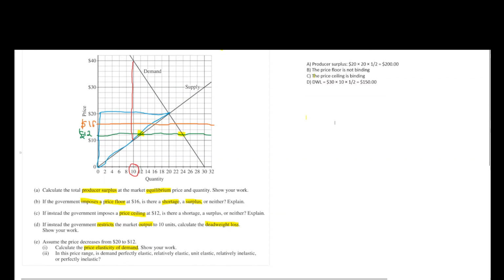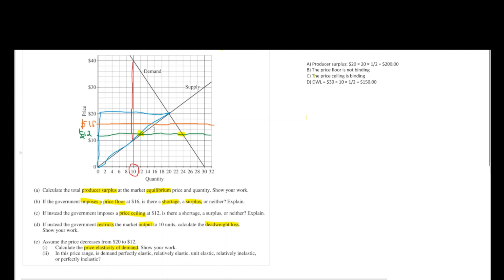So that's, again, the area of a triangle. It's half base times height. The base is 20 minus 10, that's 10 units. I've already written it over here. And the vertical distance on the y-axis is $40 minus $10, that's $30. So the area here, the value of this deadweight loss if we limit to 10 units, is $150.